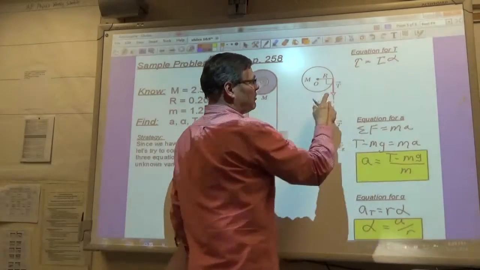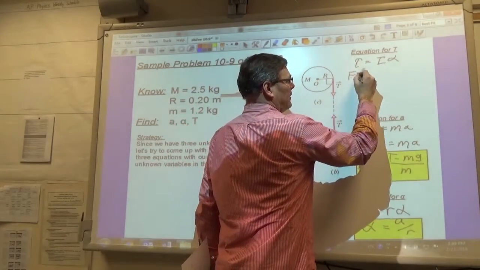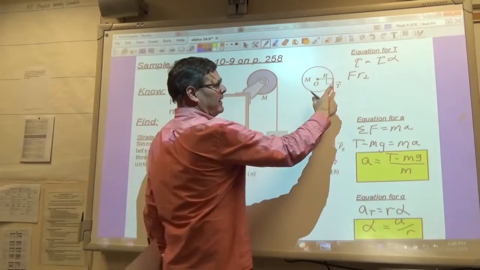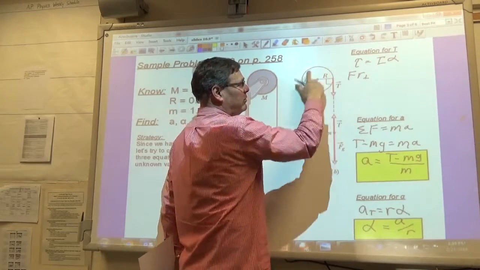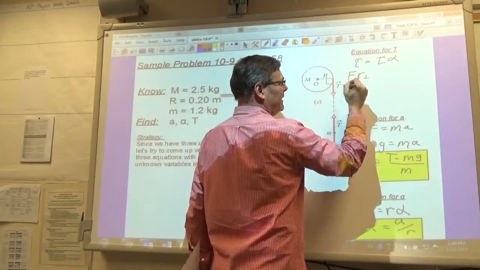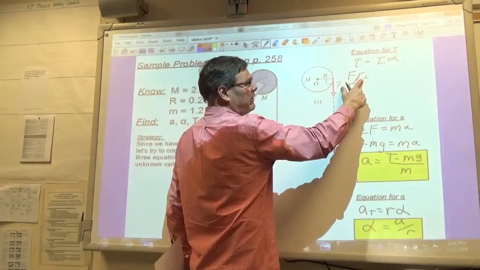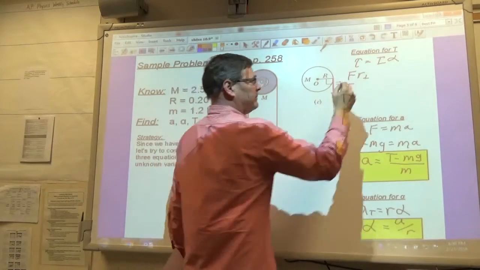I know that torque is equal to F times R perpendicular, and I recognize that tension is the force that's going to accelerate this disk. So I'll replace F with T, and I notice that they're already at right angles, so I don't need to worry about R perpendicular, it's just R.